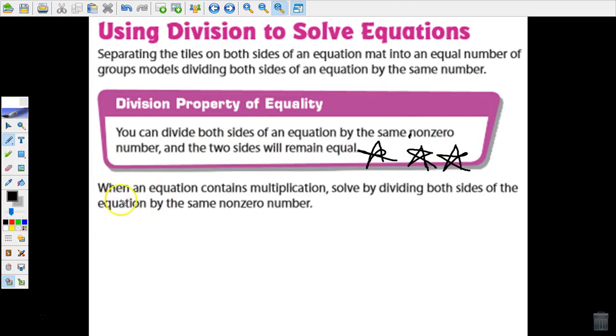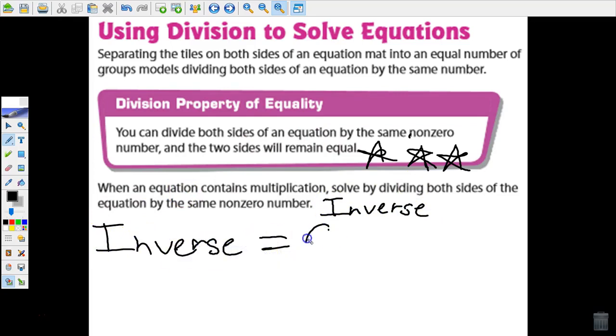Okay, so inverse, we have to do the inverse. Very, very important. So inverse means opposite. Okay, remember that, please. In this module, you guys do the opposite to solve. Whatever is in the equation, you do the opposite to solve it.